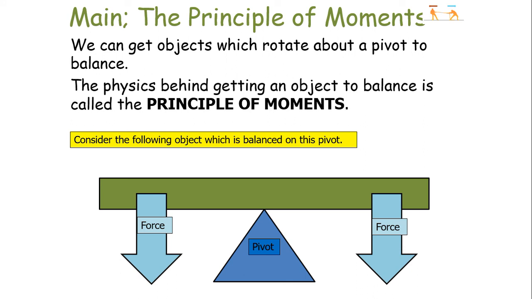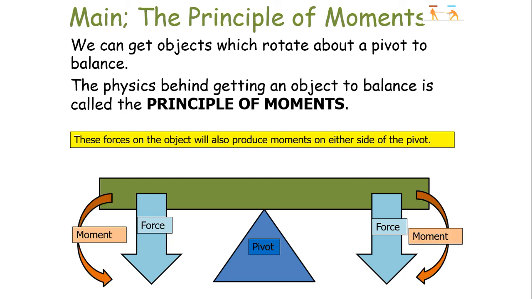Now we can get objects to rotate about a pivot, but we can also get objects to balance about a pivot. The principle behind getting an object to balance is called the principle of moments. So you can consider the following when objects are balanced on a pivot. If you've got two forces on either side of a pivot, they're going to cause the object to rotate, and you're going to have moments on either side of the pivot.